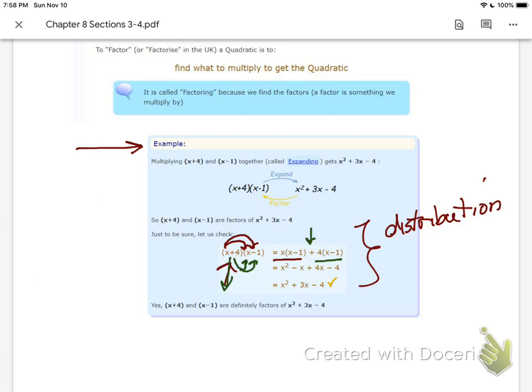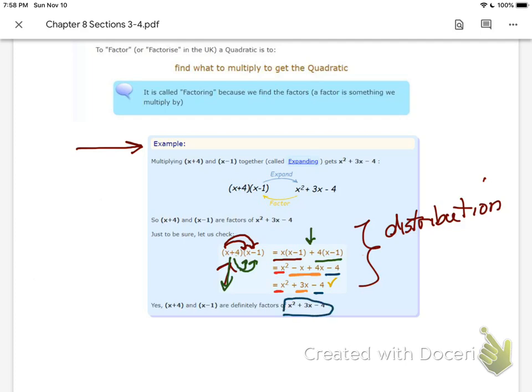Once they have done that, their next step is to combine like terms. These are like terms. They both have x attached to them. So combining like terms gets you the 3x. Your other two terms come from the x squared, which you just bring down, and then the last one is the negative 4, which you also just bring down. So that got us right back to our original standard form.